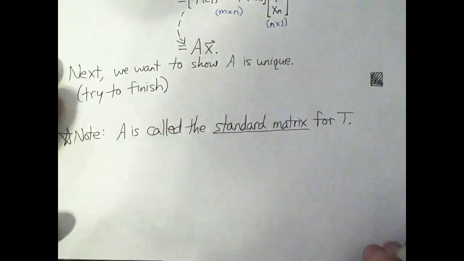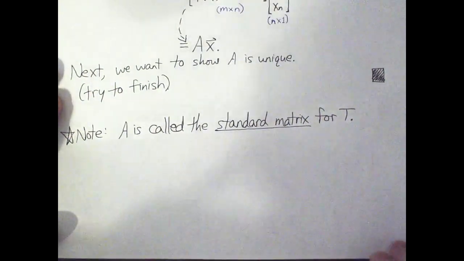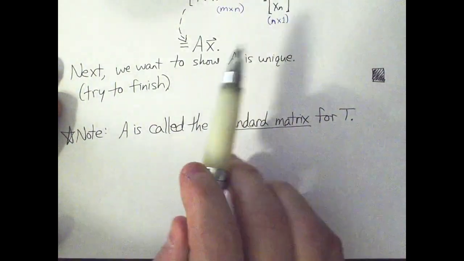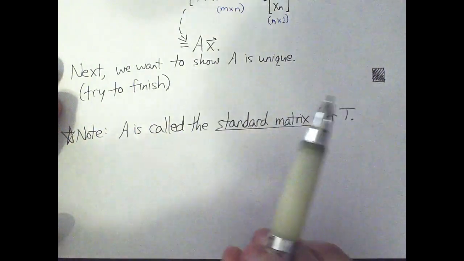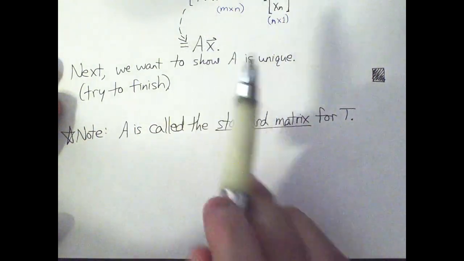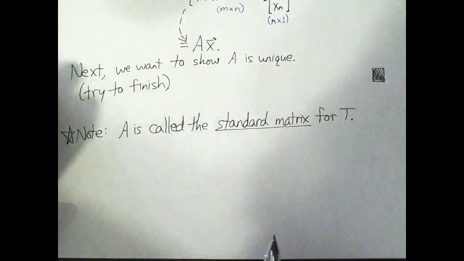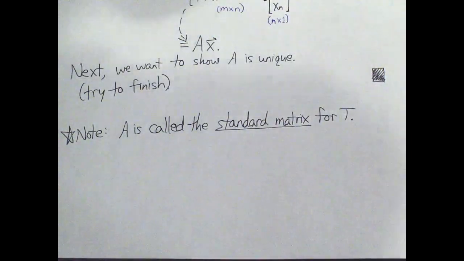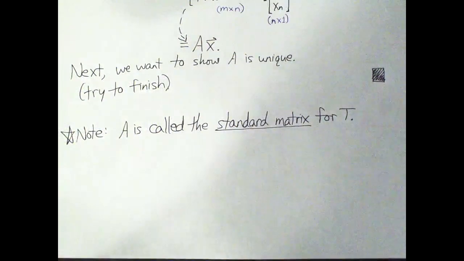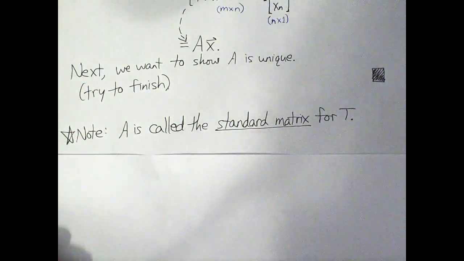Now, it turns out that this matrix A can be used for other things besides just evaluating the linear transformation, besides just, what is T of X? And we need some definitions. Let's just get a fresh sheet of paper. We need some definitions.